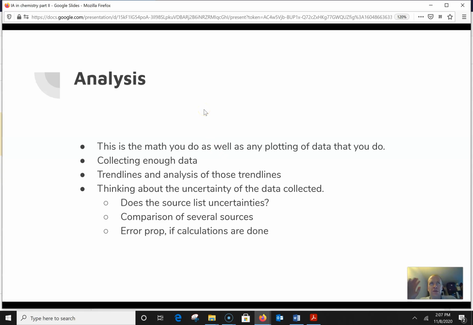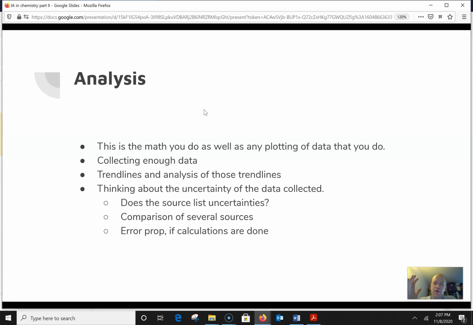Analysis. Typically in a database IA, there's not going to be so much back-end math and computation that you're doing, but the way you're going to score points on analysis is: did you collect enough data? Did you look at enough sources? Hopefully we're getting some data that's plottable and making a trend line. It's going to be really hard without these trend lines, I think, because making a trend line itself is a form of analysis. We also have to consider uncertainty.